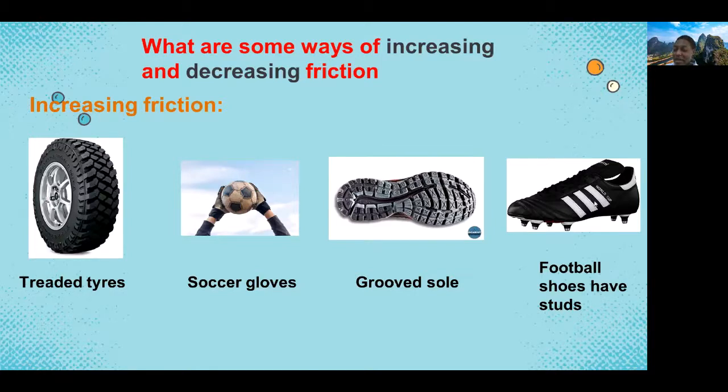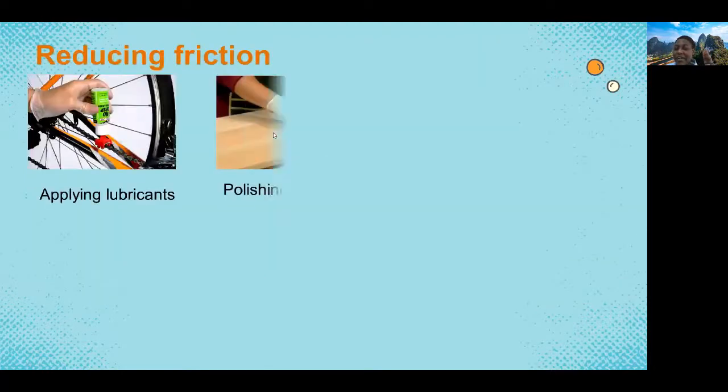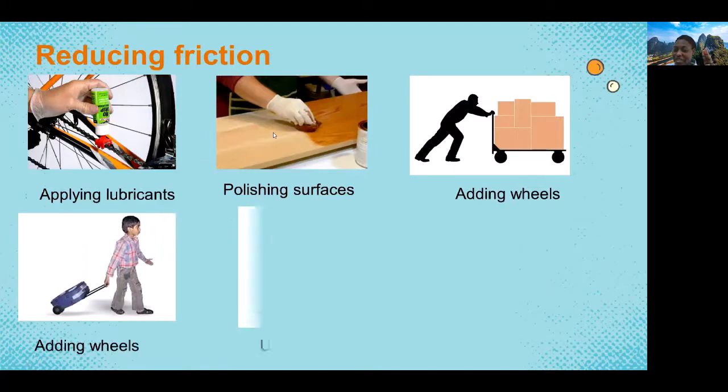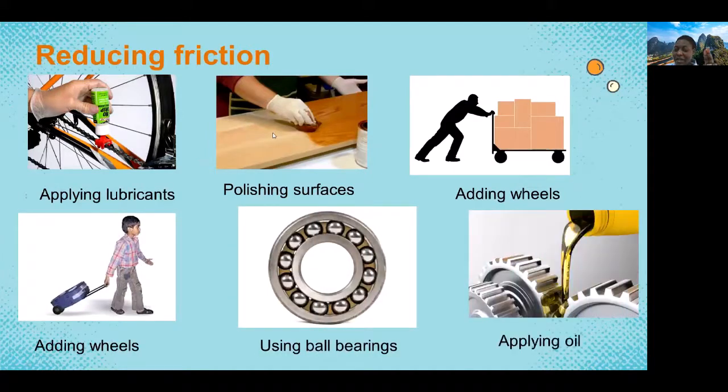And footballers, under their shoes, there are studs to make their movement stable so that they cannot slip and fall down. So there are two points here you want to know. When you compare increasing and reducing friction, we realize that when we want to increase friction, you make the surfaces rough.